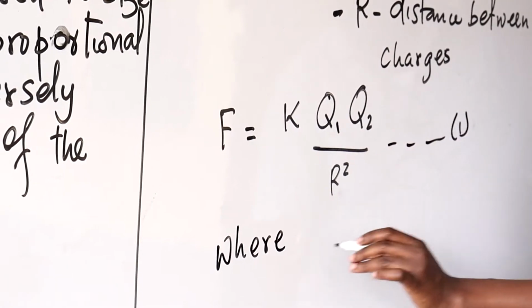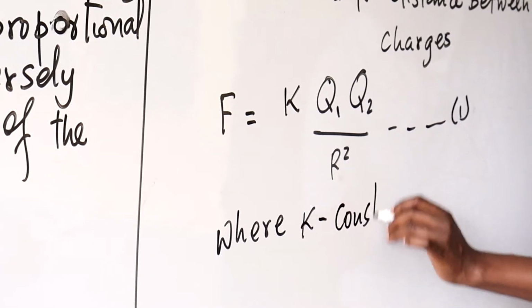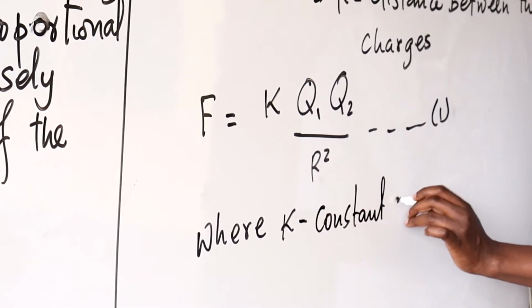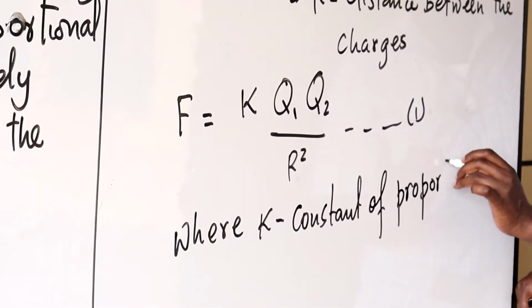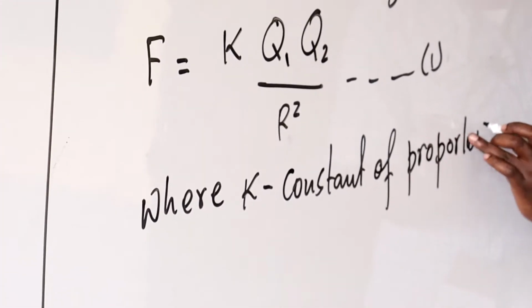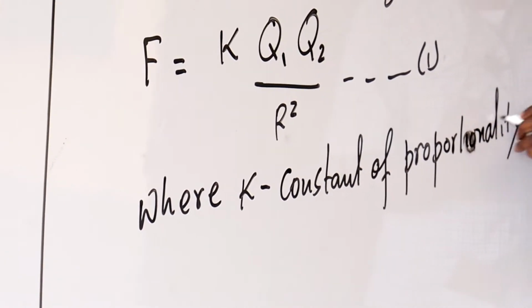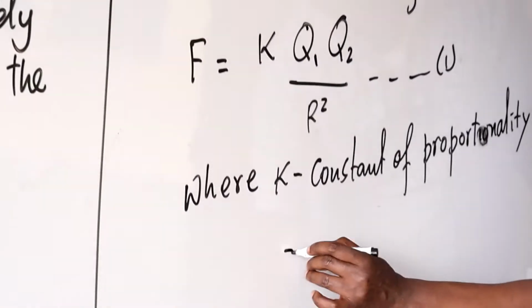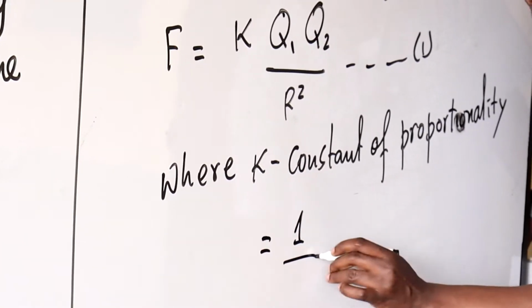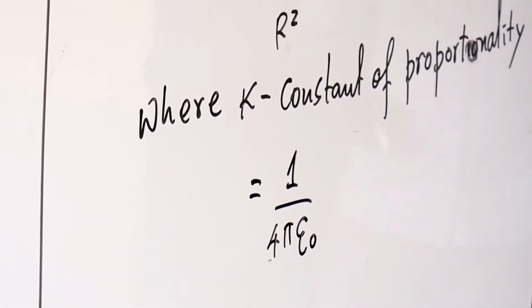Where K is our constant of proportionality, and it is equal to 1 over 4 pi epsilon naught.